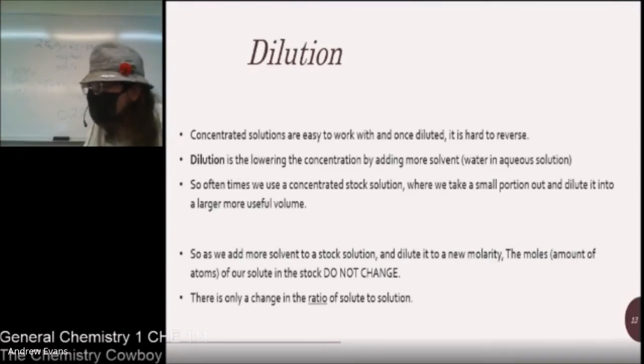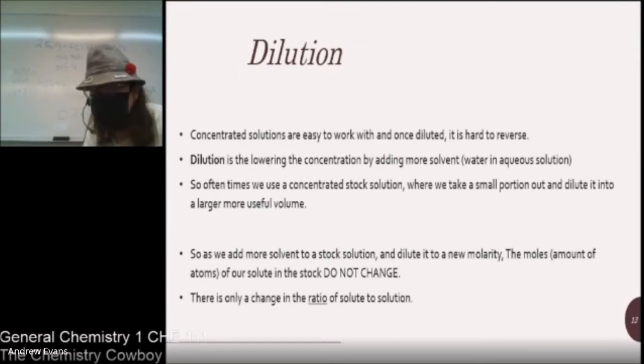So if we need, we'll take a big bottle of concentrated acid, take 10 mLs out, and dilute that into, say, 500 mLs. And those 500 mLs can run the whole class. And the 500 mLs is a lot safer to deal with. But the really important part is, when I take those 10 mLs of acid out, that means I'm removing X amount of moles of acid.